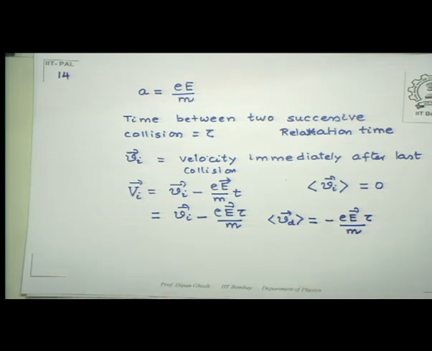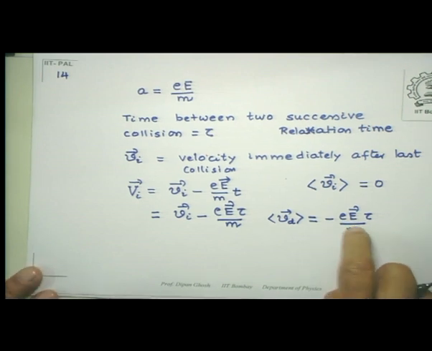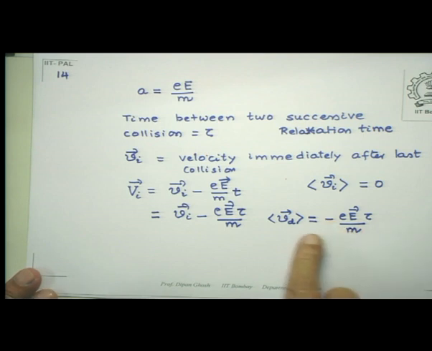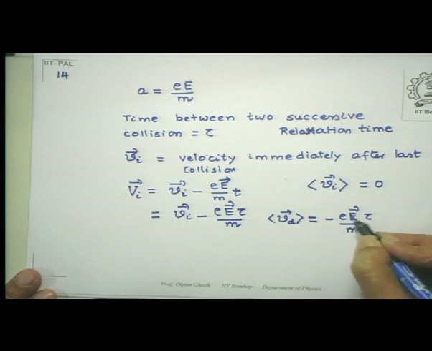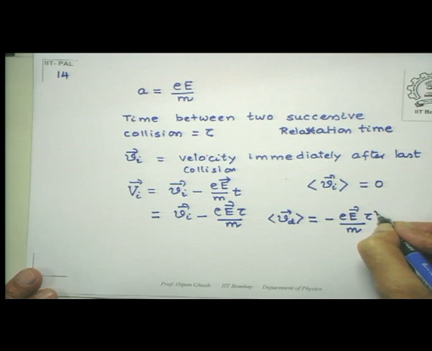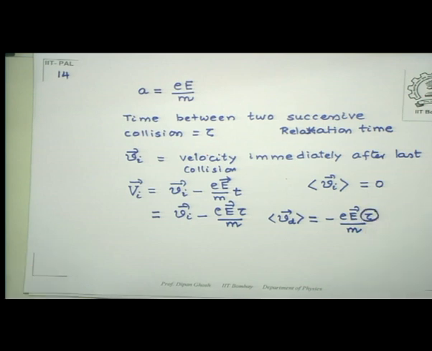So therefore, the magnitude of the drift speed is given by E tau over m. Now this actually connects the drift speed with parameters which depend upon characteristic things like electric charge, mass, the strength of the electric field applied, and a parameter which depends upon how frequently the collisions are taking place.